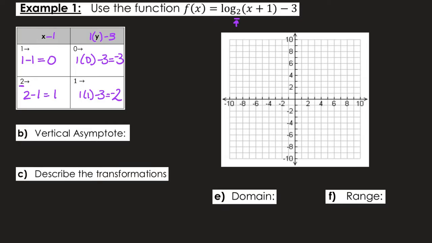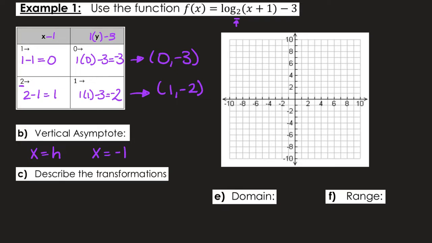So that means our new reference points that we're going to actually put on our graph will be 0, -3 and 1, -2. For our vertical asymptote, remember we talked earlier, x equals our h value. So in this case, x equals -1.